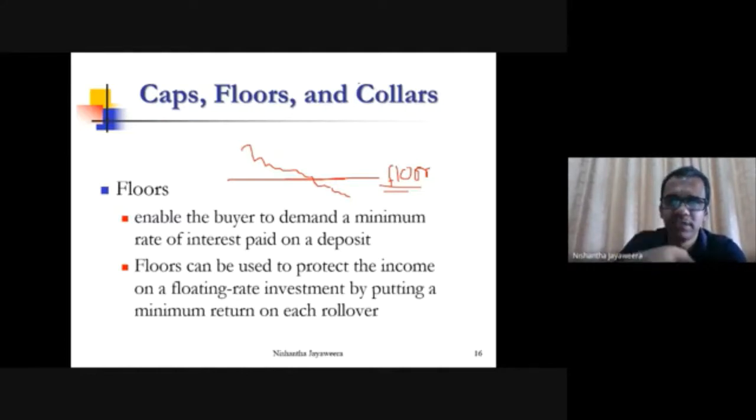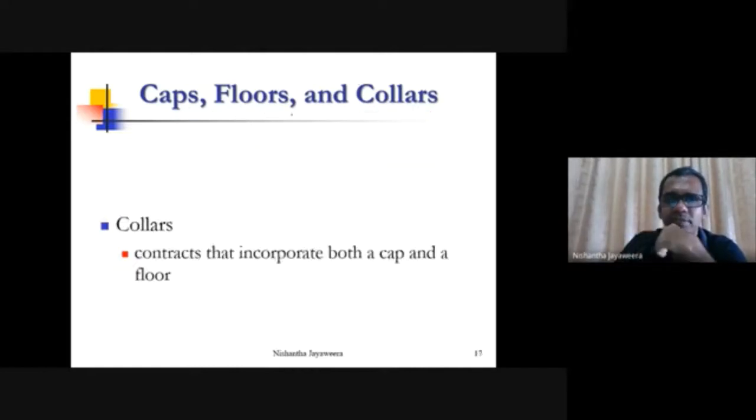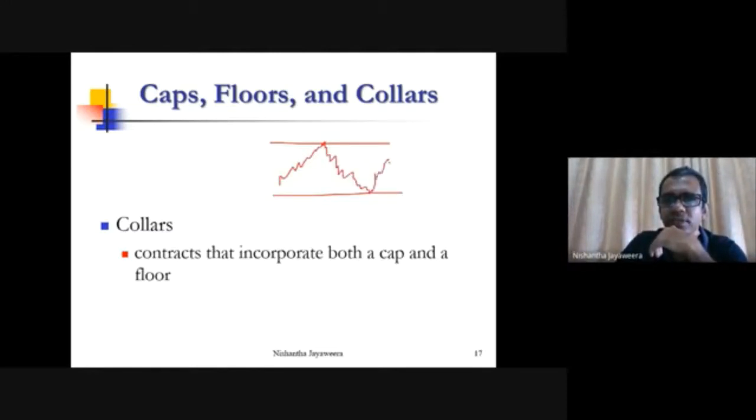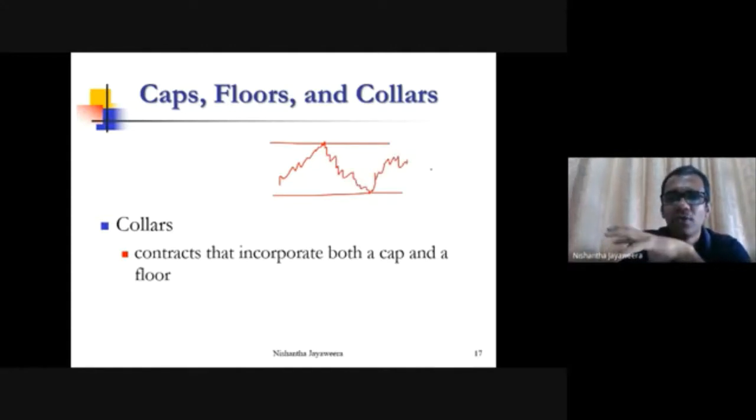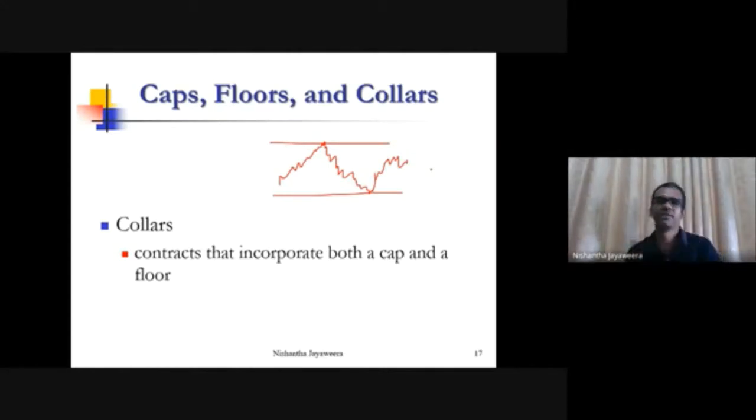Then the third one, collars, is a combination of caps and floors, where you establish a band, so your interest expense won't go above this or won't go below this. Your interest expense or interest income, it can be either, will remain within the band.